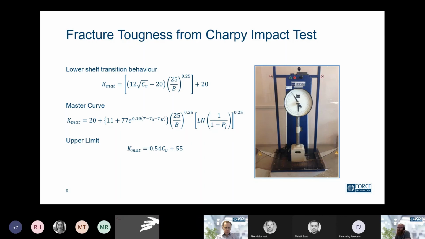And it is used quite a lot, especially for structures that are already in operation, where you can't get material to make fracture toughness tests. And then you may have the impact tests from material certificates.